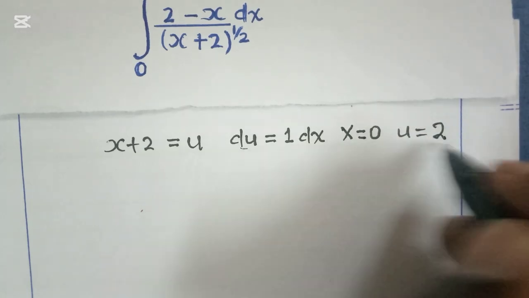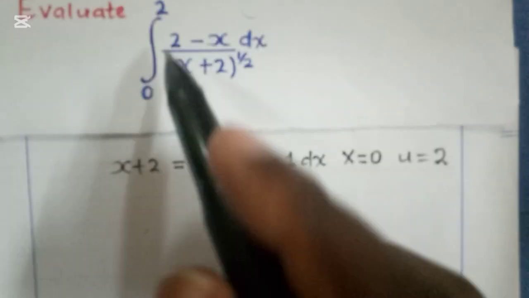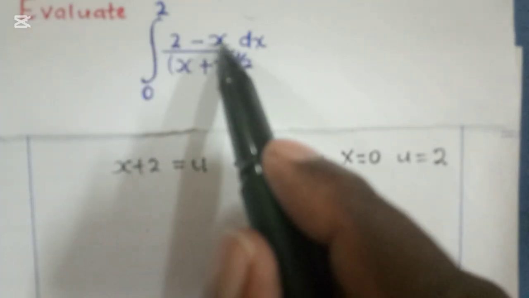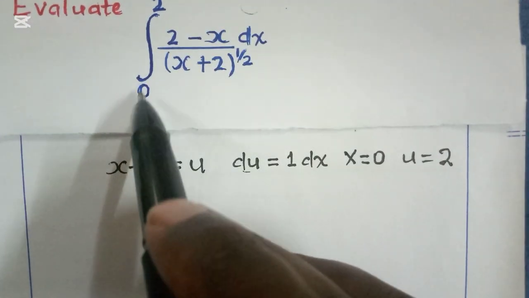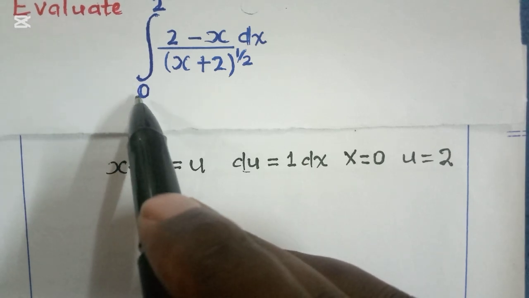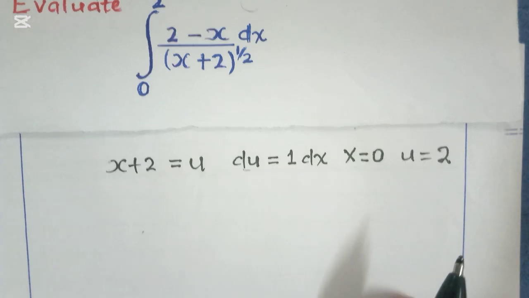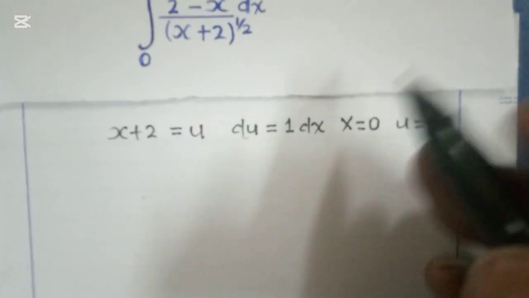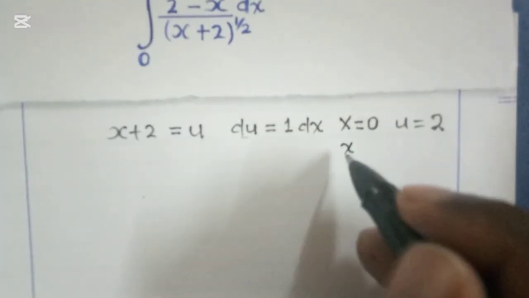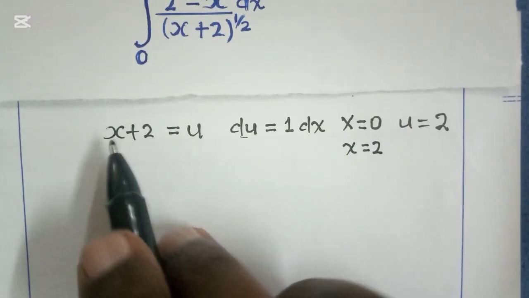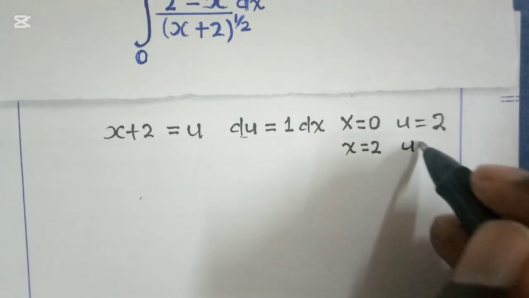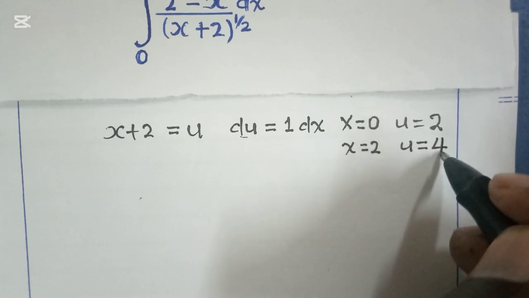The reason why we are doing this is that when we change this into an integral with respect to u, we have to convert the limits from variables of x to variables of u. And so we do that for x equals 2, and u is going to be 4.